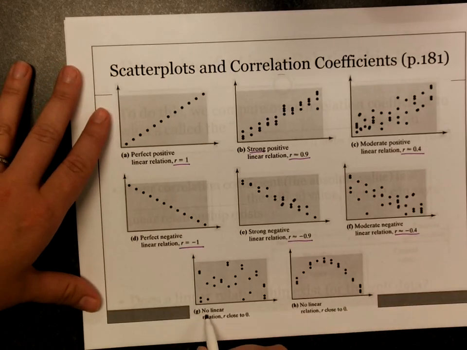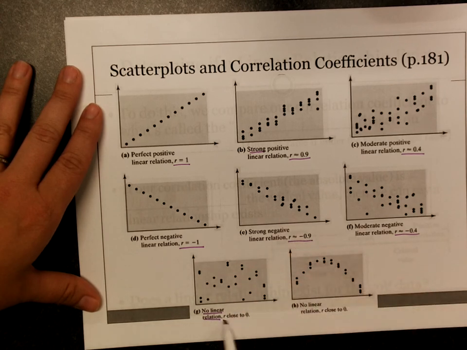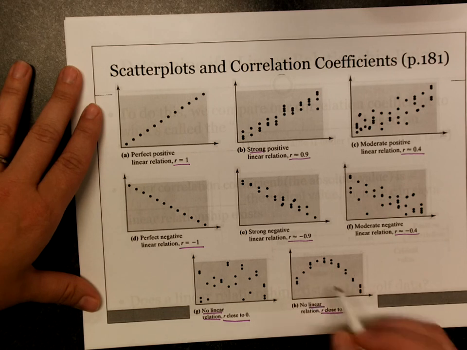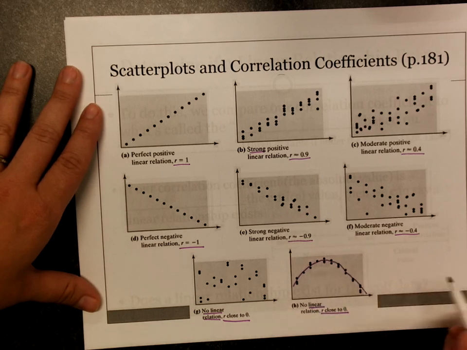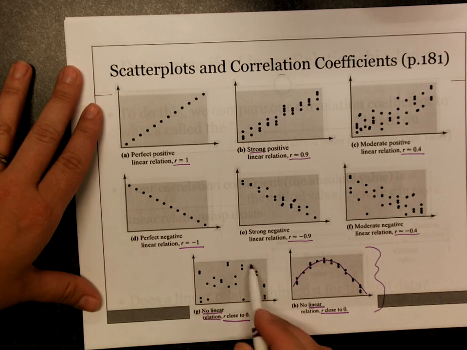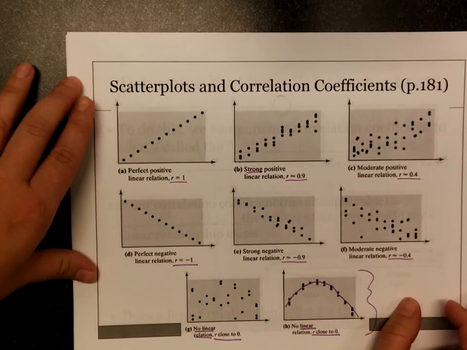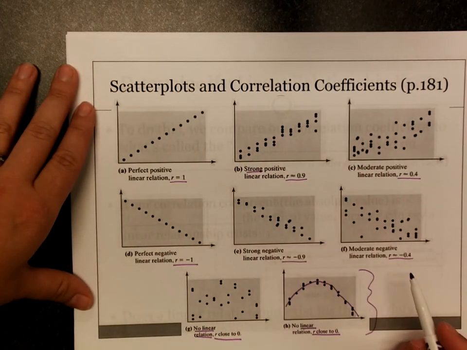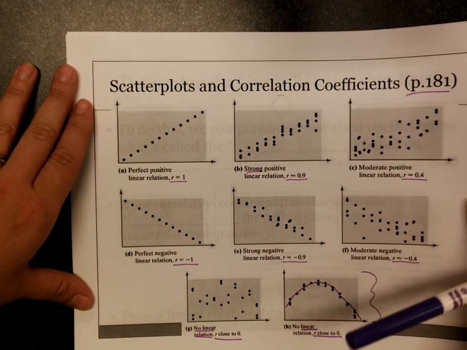Here's an example of no linear relationship when the points are just all over the place and the R value is close to 0. Here's another example. There's not a linear relationship. R is still close to 0, but you can see a very strong nonlinear pattern. So when R is close to 0, it could mean that there's nothing going on, or it could mean that there's something different going on that's not linear. So it sums up visually how the correlation coefficient looks. And that's on page 181 if you'd like some more details about that.